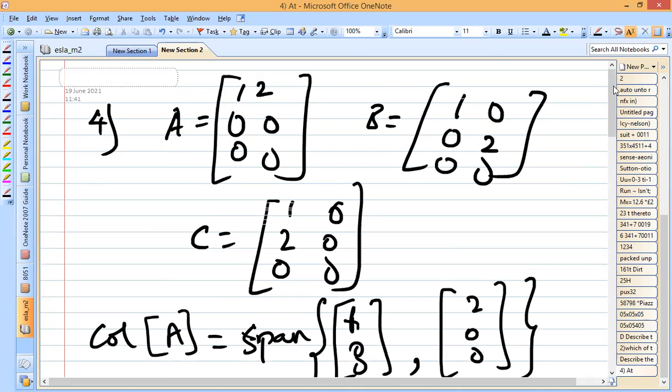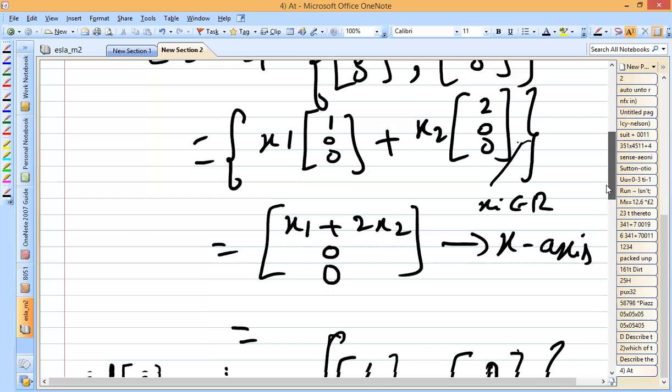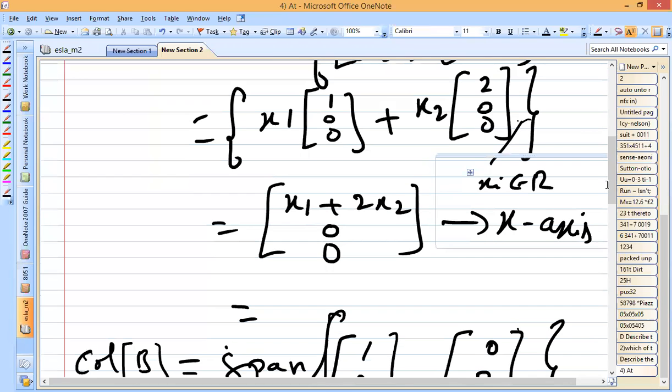For matrix A, we have the elements in the first row, and the second and third row elements are 0. When you find the column space, it results in x1 plus 2x2, 0, 0. So this is nothing but the x-axis.